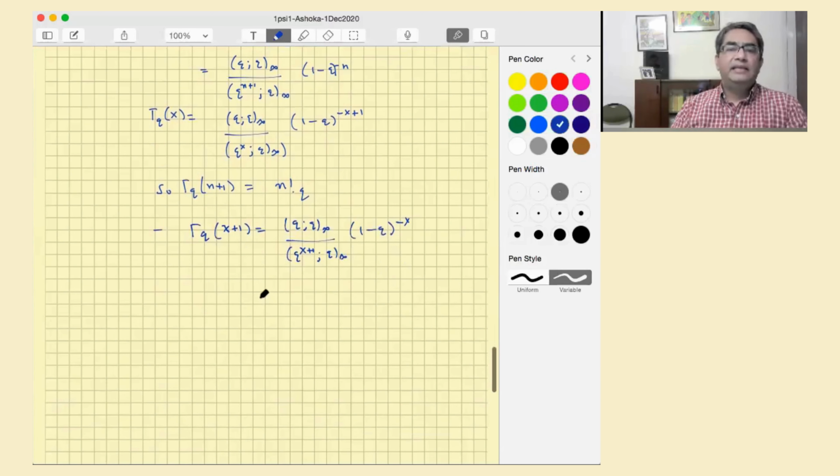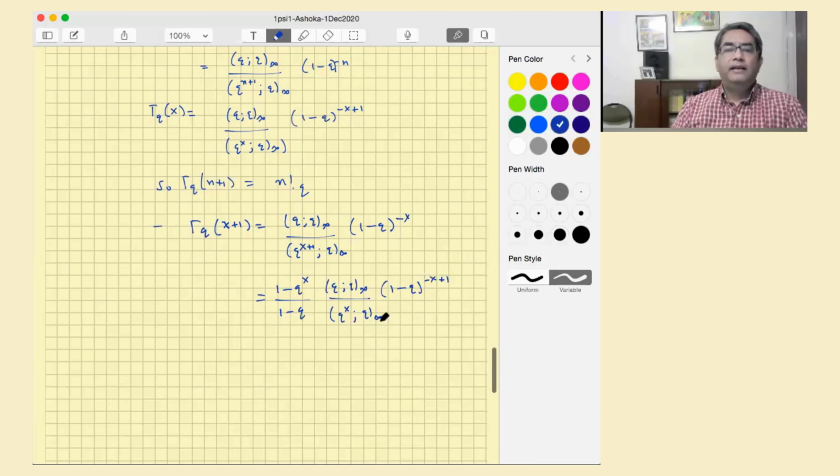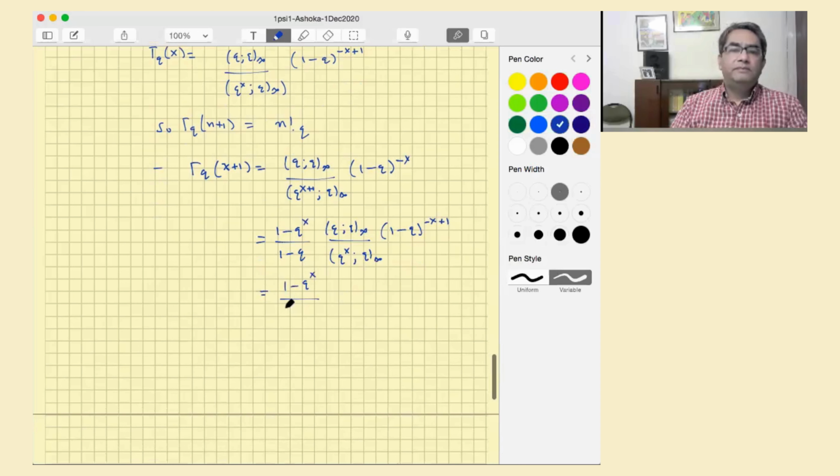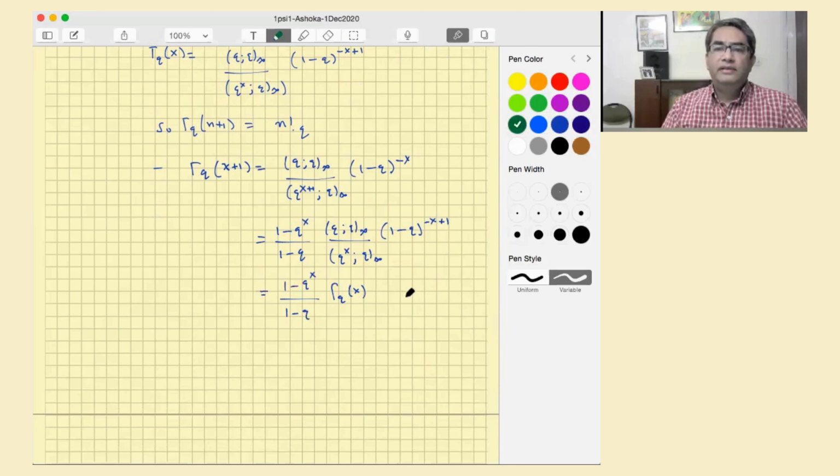This is minus x, and then it's almost immediate that you can just multiply and divide by 1 minus q raised per x and absorb the 1 minus q raised per x here. So q raised per x q infinity, and again this is 1 minus q raised per x over 1 minus q times gamma q of x. So this is a q analog of gamma of x plus 1 equal to x gamma x.